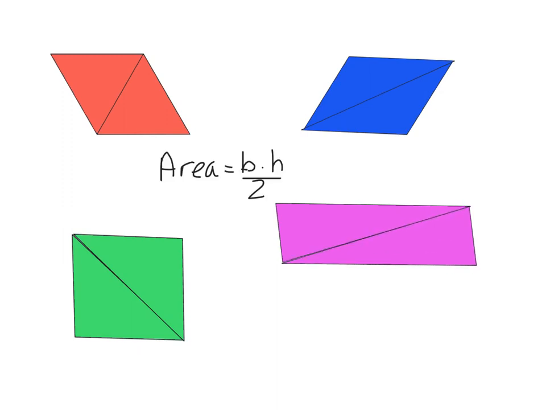So we now understand why the area of a triangle is the area of a quadrilateral, base times height, divided by 2.